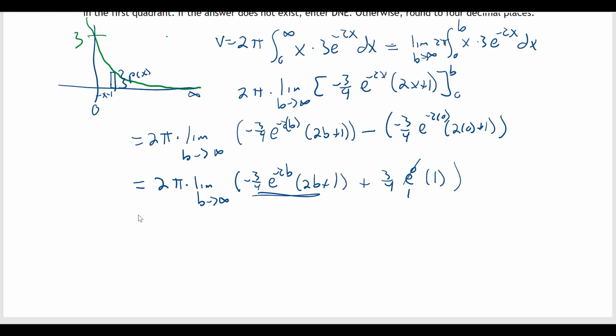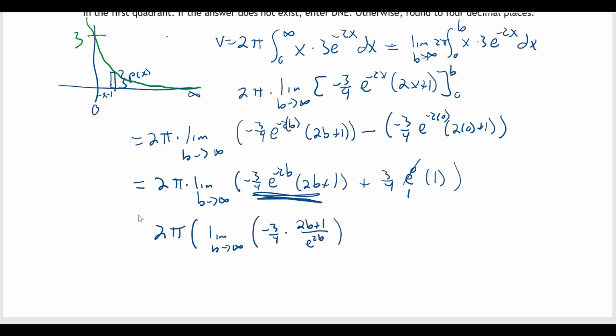Now this part here is the interesting part, because we have this 2 pi times the limit as b goes to infinity of this negative 3/4 times, you can think of this as 2b plus 1 over e to the 2b. And if you were to do L'Hopital's rule, the numerator grows slower than the denominator.